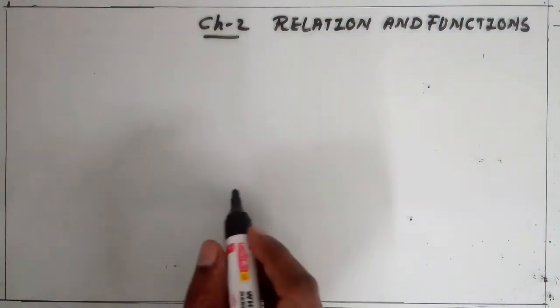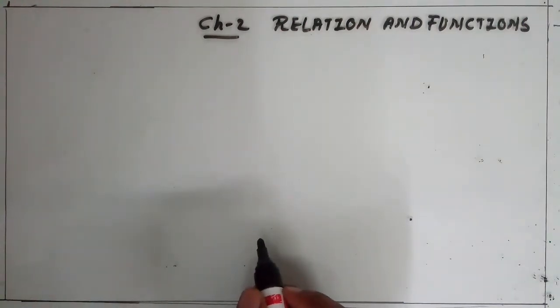You know about a cross product, Cartesian product.